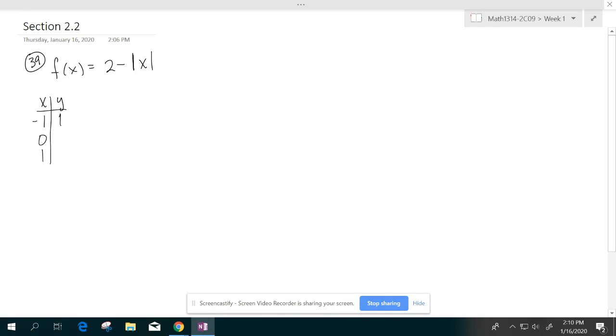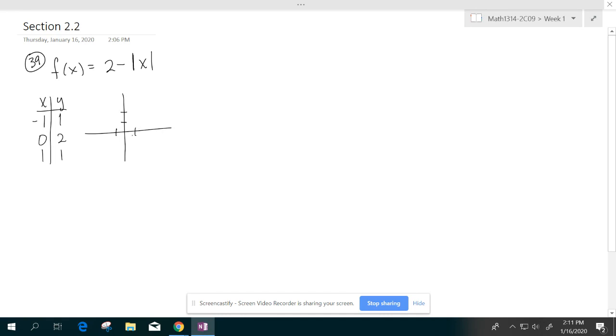Now 0: what is the absolute value of 0? 2 minus 0 is 2, because if you have a number and you don't subtract anything from it, it's the same number. And one more time, absolute value of 1 is still 1. 2 minus 1? 1. And let's plot the points and see what we get.